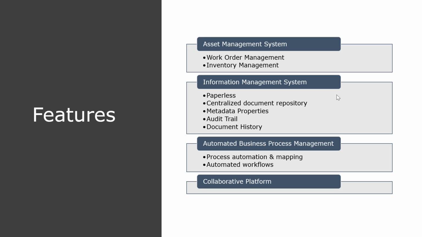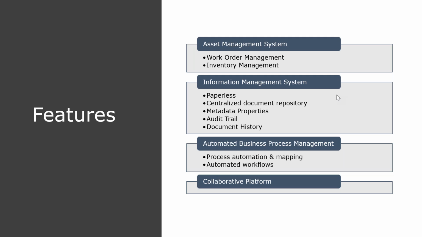So next are the features of asset information management. In terms of asset management system, here is where it will assist you in your work order management and also your inventory management. In terms of your information management system, here is where it will help you go on a paperless journey. It centralizes all of your document repository.